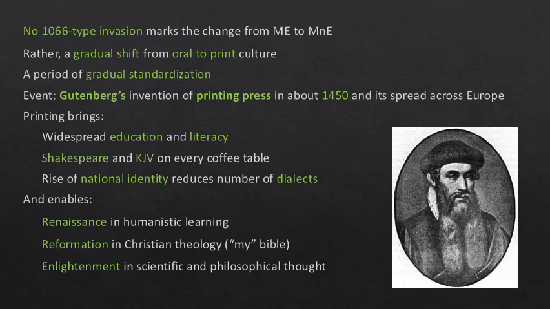Now, we have to think what this one invention enables. You can't really have widespread education. Like today we have universal mandatory education up through, what, age 16? You can't have that without printing. Think about every textbook you have ever been given or bought.